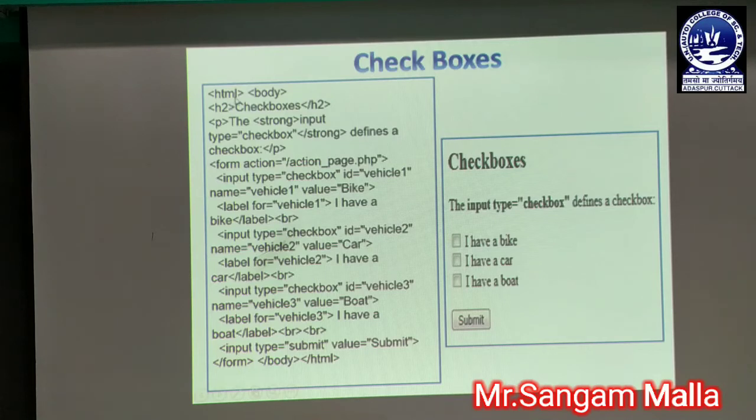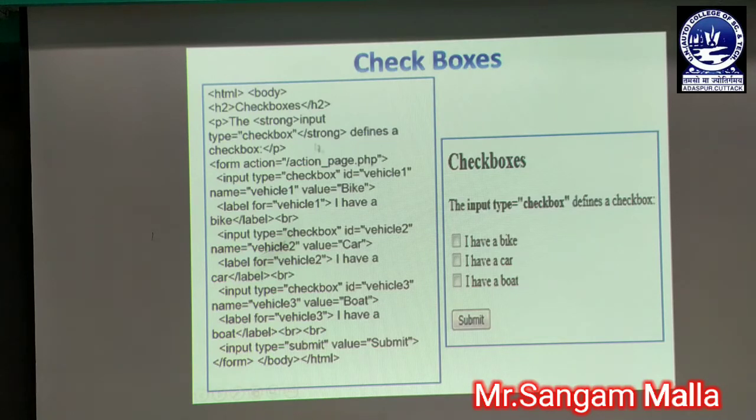Our program starts with HTML followed by the body tag, and we have given the word checkboxes inside the H2 tag. So you can see that checkboxes has been printed with the heading tag of size 2. Next, we have come across a P tag. So the text input type equal to checkbox, defines the checkbox.